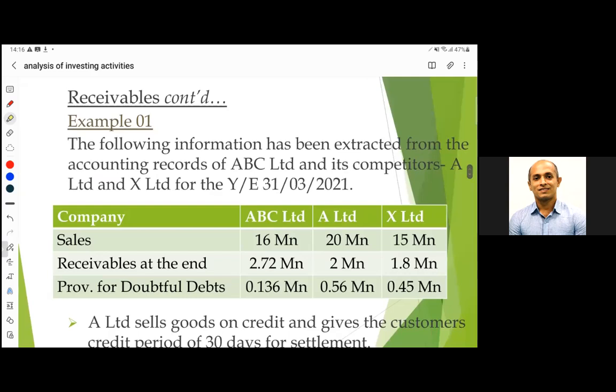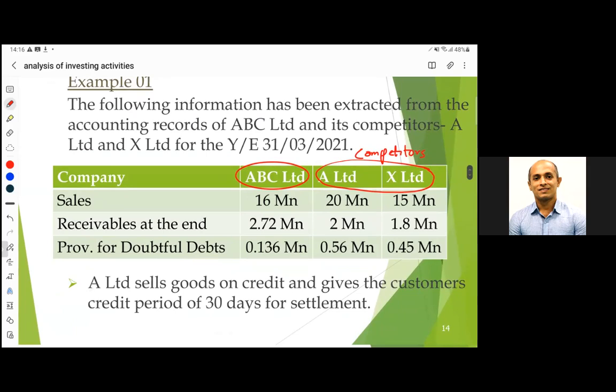In addition, you have competitors' information. Your company is ABC, and these two companies are competitors. You see sales, receivables at the end, then provision for doubtful debts. All values are given in millions.